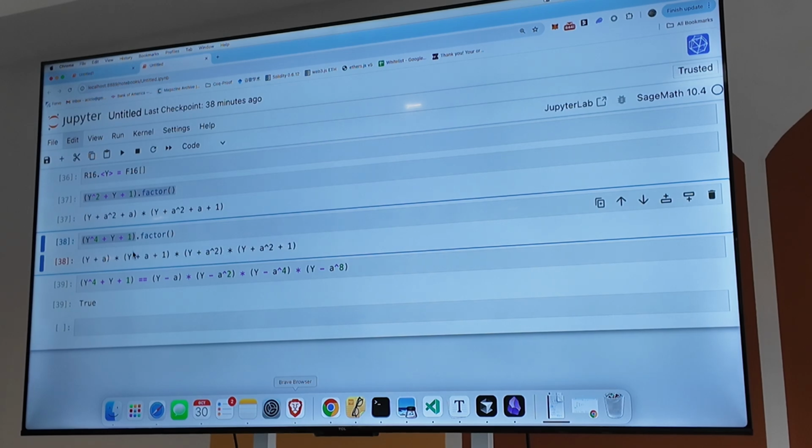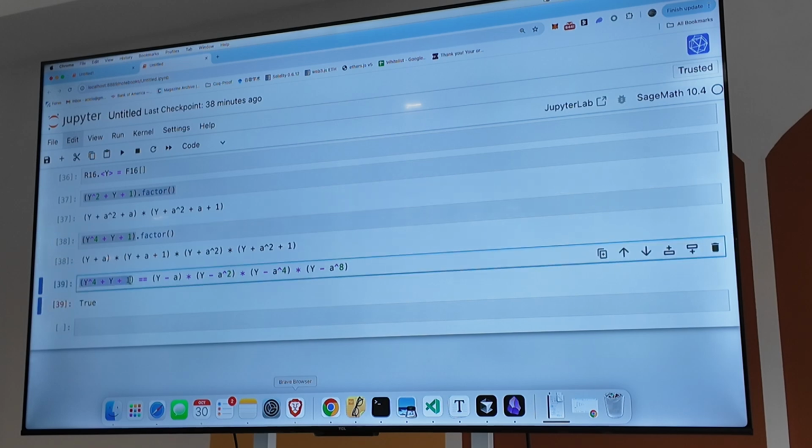Actually, the four elements a plus 1, a squared plus 1 look like we can find something inside, but this polynomial can also be factorized into this kind of form.